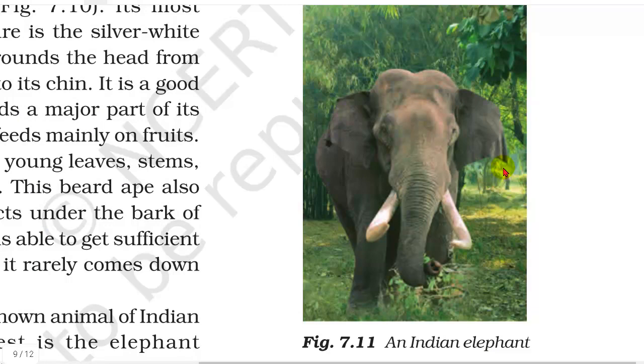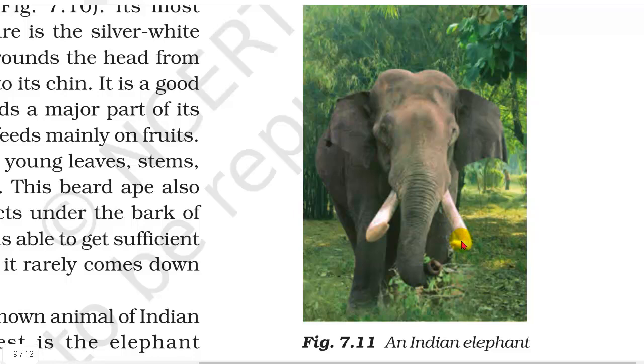There is another well-known animal of Indian tropical rainforest, which is the Indian elephant. It has adapted to the conditions of rainforest in many remarkable ways. Say, for example, its trunk. It uses it as a nose because of which it has a strong sense of smell. The trunk is also used by it for picking up food.